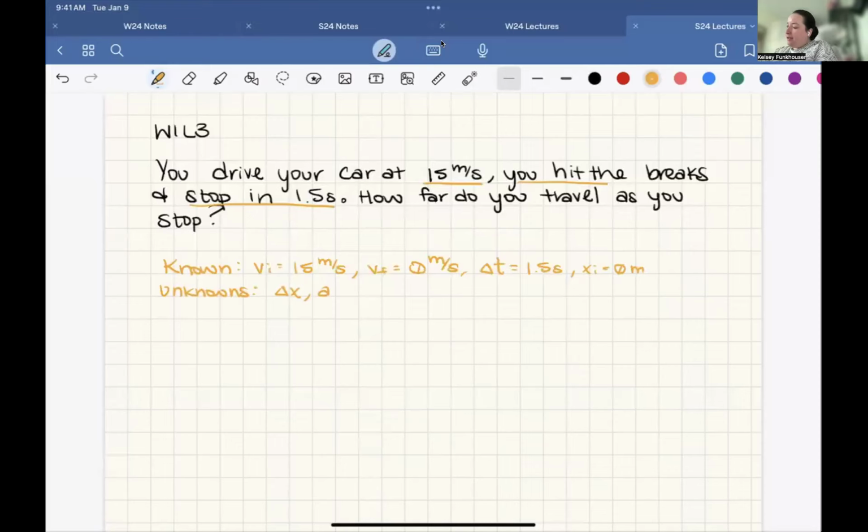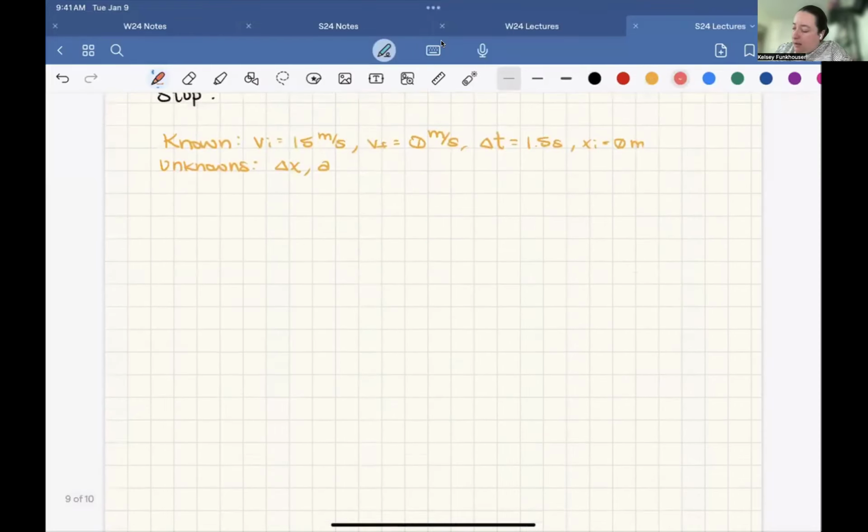So now I'm going to write out the equations and show you another methodology thing. I'm going to drop the x subscripts here because I'm just looking in x right now. Final velocity equals initial velocity plus the acceleration times the time interval.